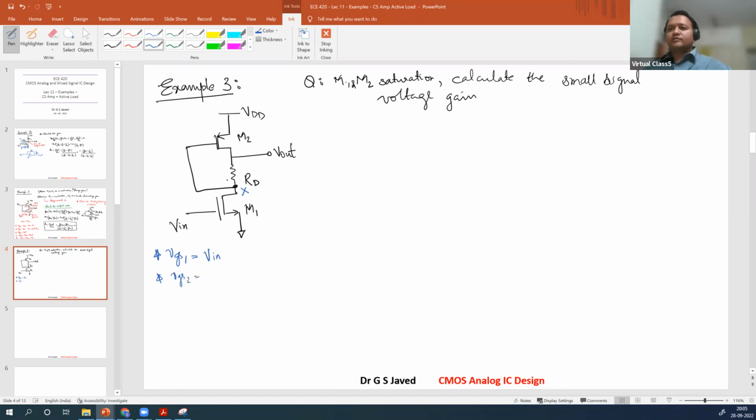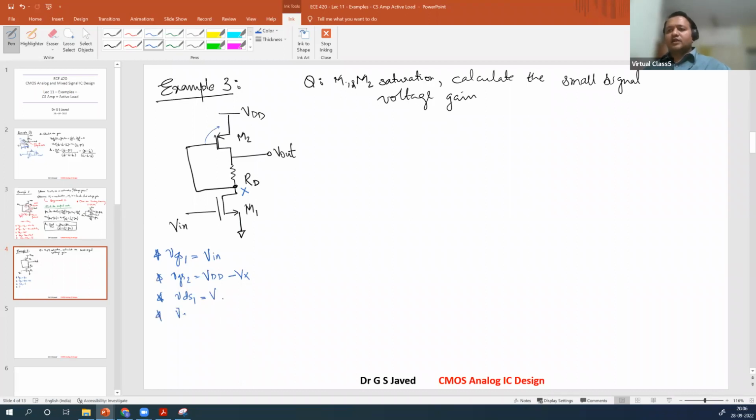VGS2 is Vx, correct? Here is VGS. So it is VDD minus Vx. This is the important point. Third, VDS1. VDS1 across M1. So it is Vx.